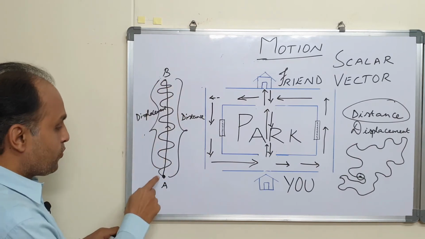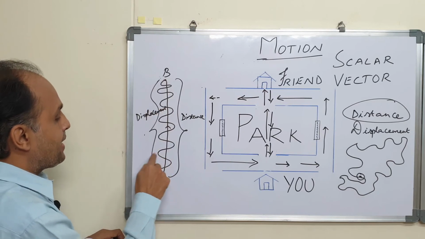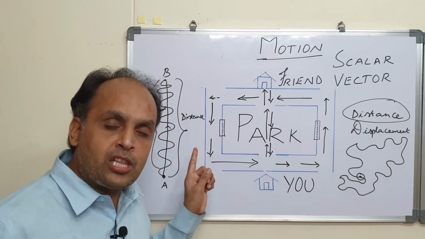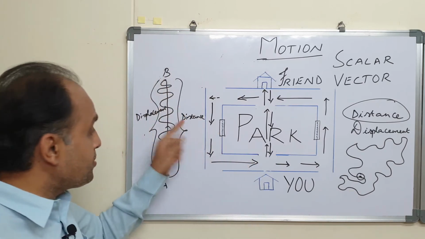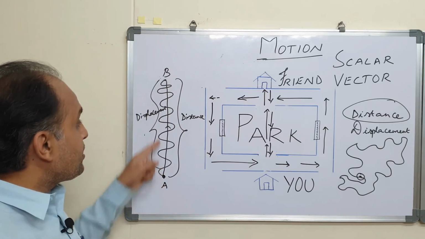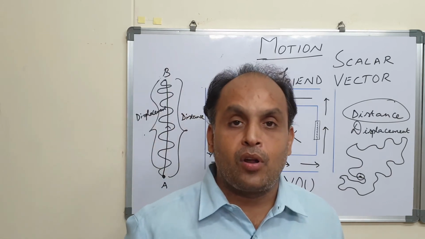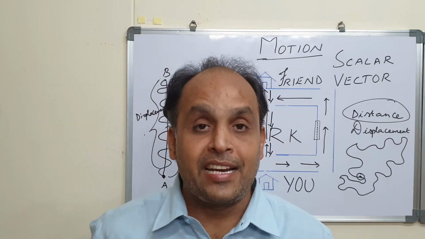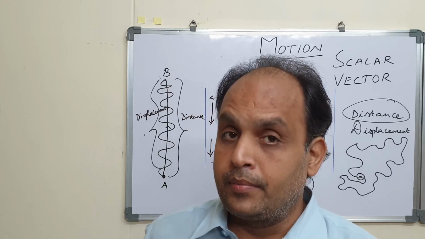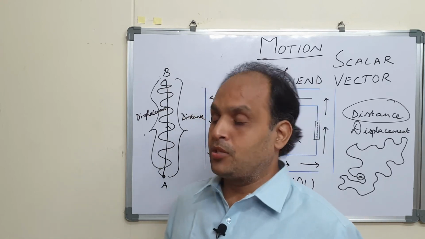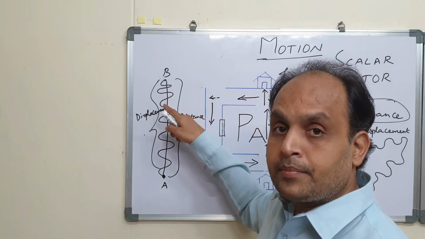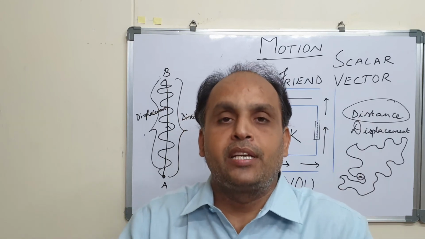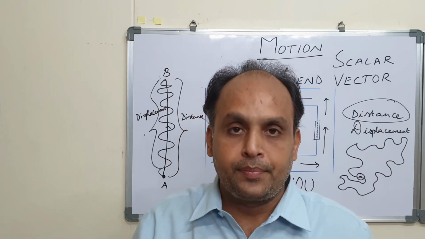So the total length of this curvy line becomes the distance, whereas the length of the straight line segment that we have drawn between A and B becomes the displacement. Please get it right, because displacement is the shortest distance. So shortest distance will always be the straight line, and distance is the actual path covered by the body from the initial point to the final point. Am I clear with that?